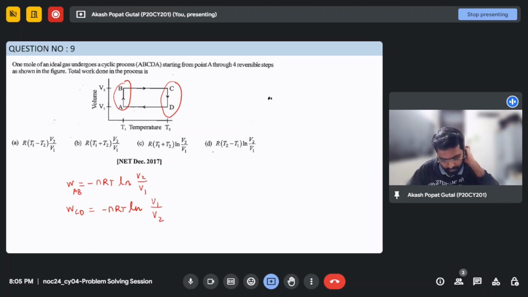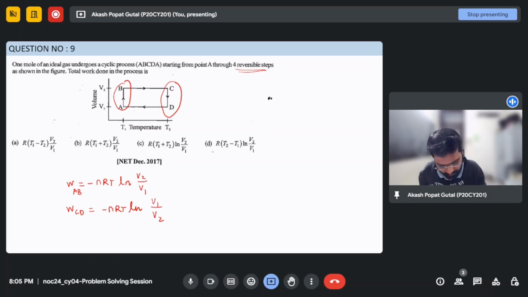Why this form of work? Because the temperature is constant, this is isothermal reversible expansion, since it is given that these are reversible steps.